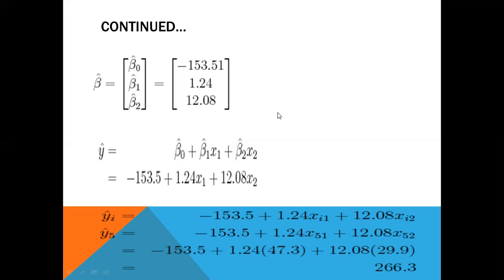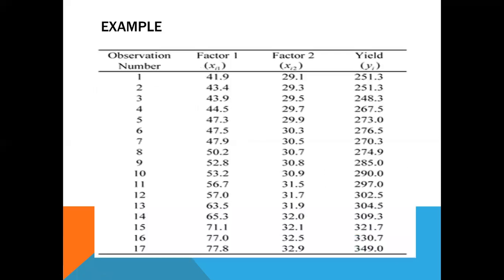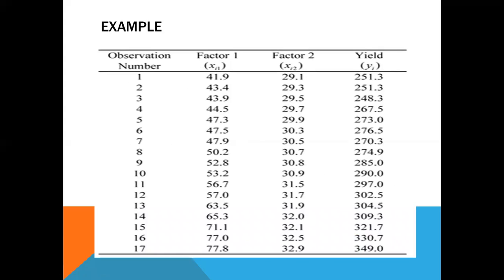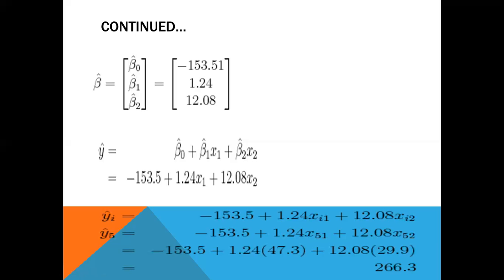For example, y5, you can see a solved example of y5, that is minus 153.5 plus 1.24 x51. What is x51? In the table you can see x51 is 47.3. So that is substituted here, 47.3 plus 12.08 multiplied by x52. x52 is 29.9. So we have got here the predicted value of y5 is 266.3.